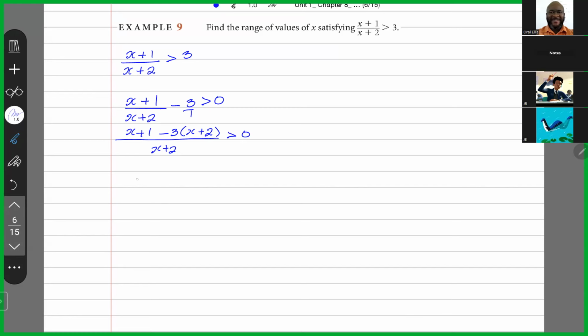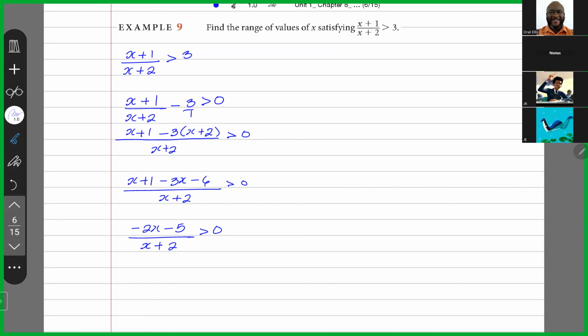Simplifying the numerator, we're going to have x plus 1 minus 3x minus 6 over x plus 2 is greater than 0. We're going to have minus 2x minus 5 over x plus 2 is greater than 0.